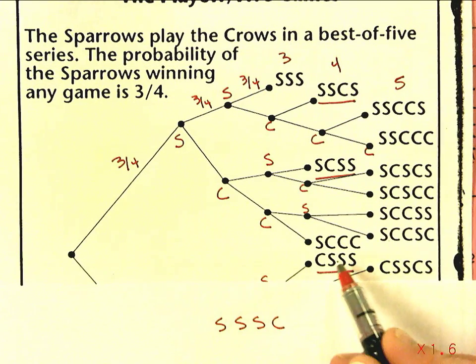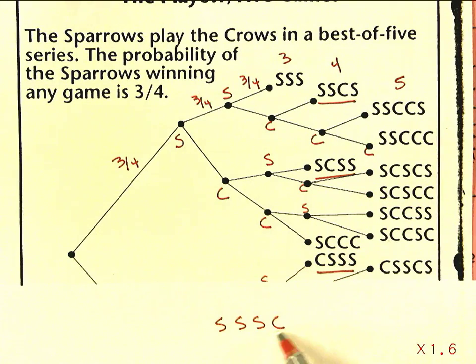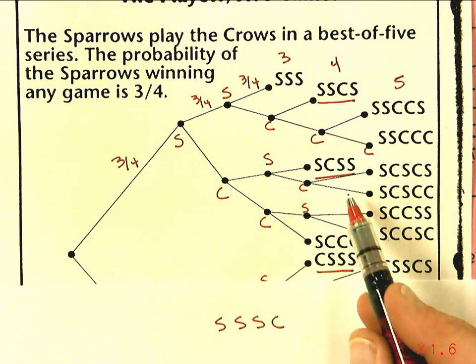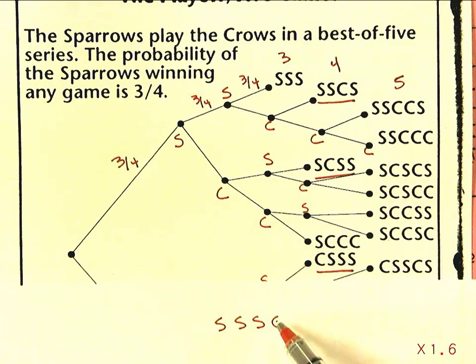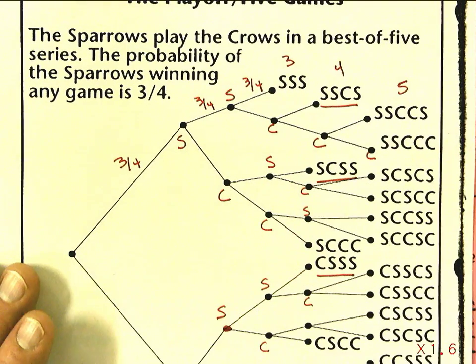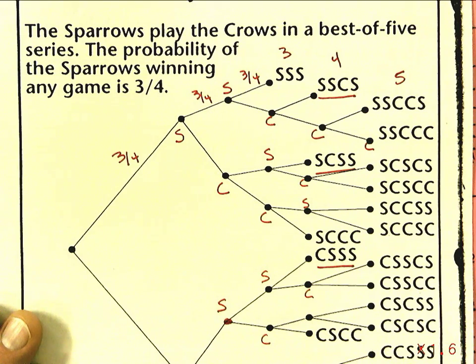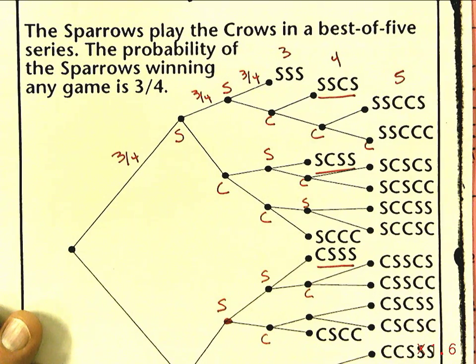You've got these different situations, that one, this one, and that one, where the Crows win a different one in that set of 4 games, somewhere in there. And it's generally not the last one. So we can take the probability we've already calculated, the 27/64, and multiply it by the 1/4.